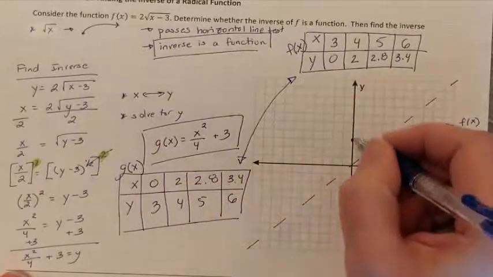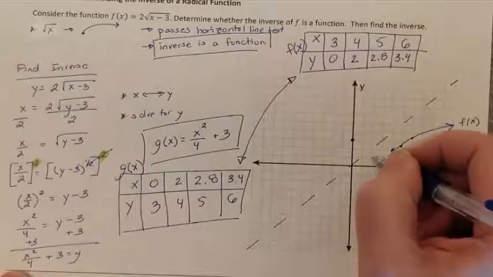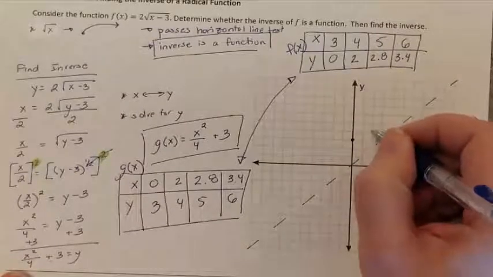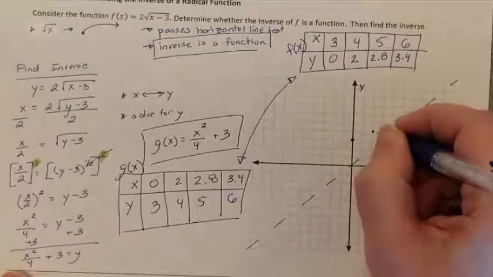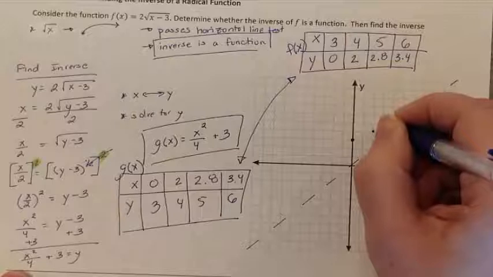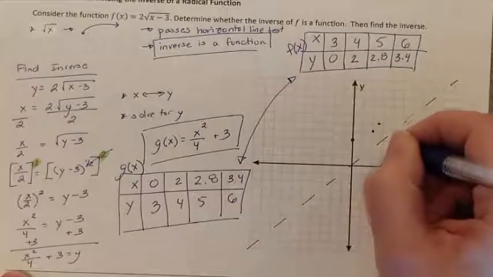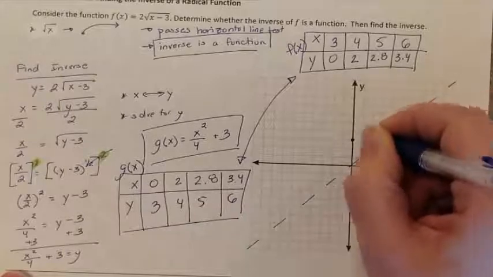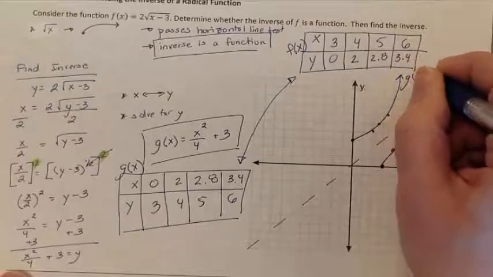So 0, 3; 2, 4; 2.8, 5; and 3.4, 6. Here is my inverse for my g of x.